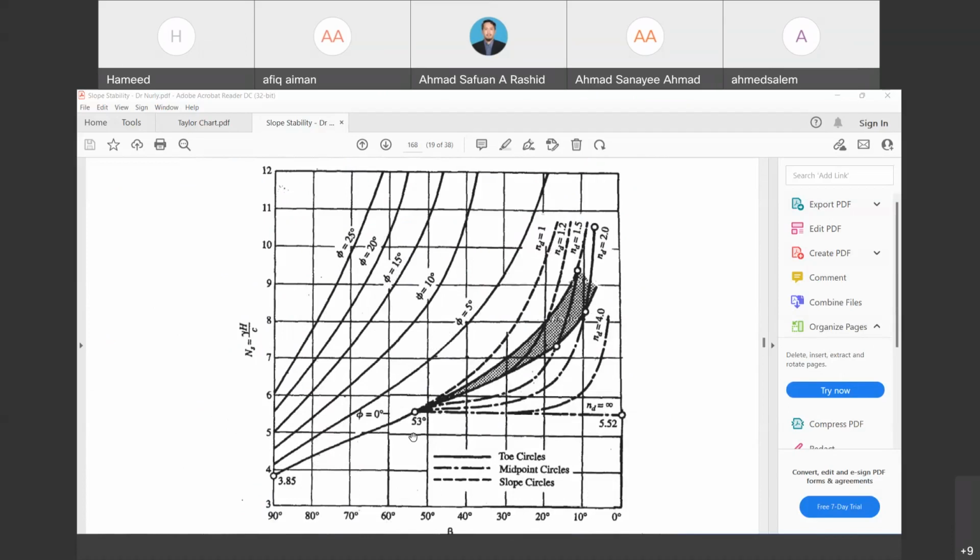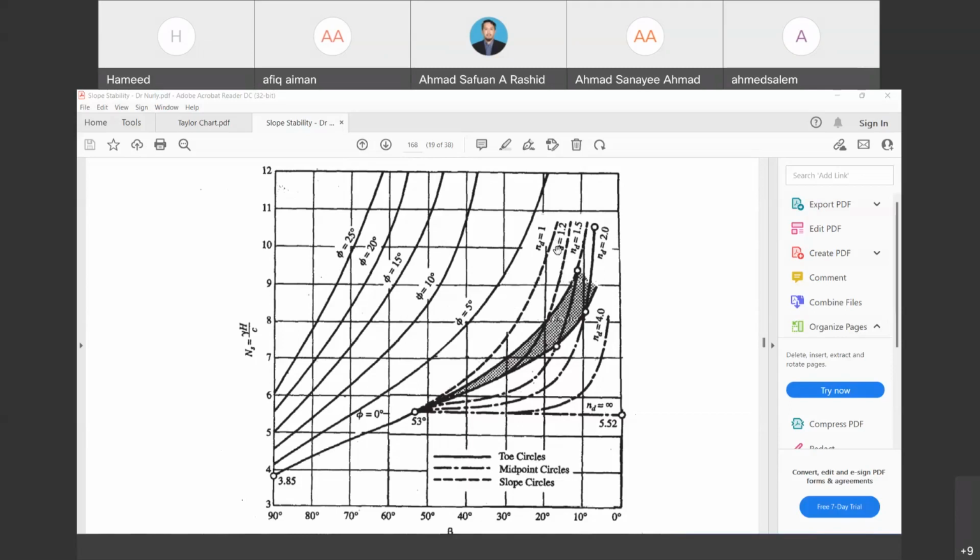For the first example, when phi is equal to 0, we need to get the value of the ND. For the other examples, where the phi value is more than 0, it doesn't require us to determine the ND value.